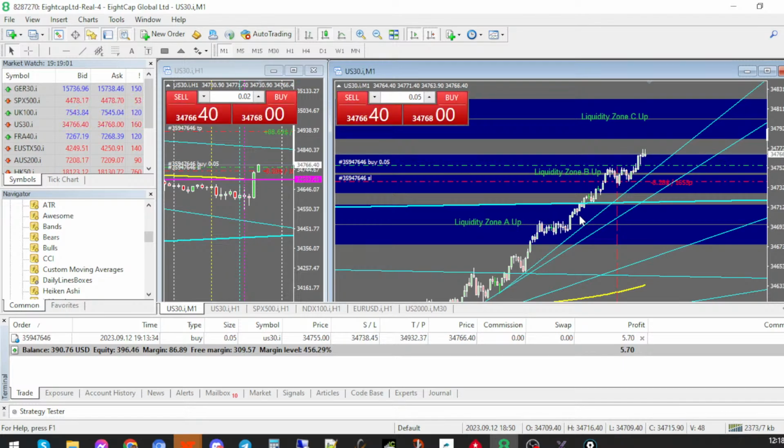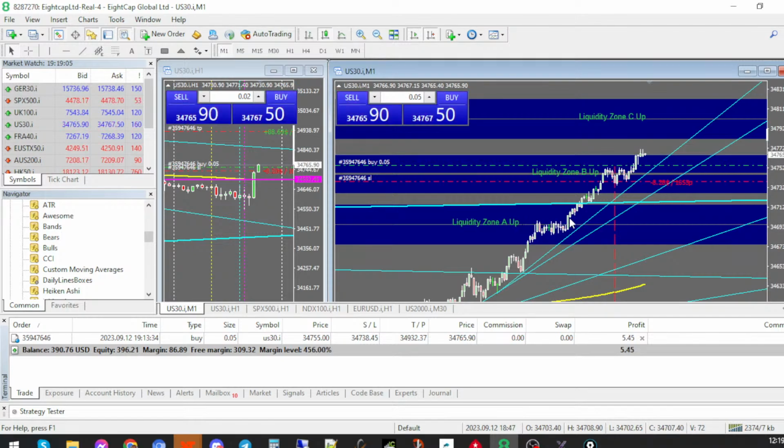I should have entered this one long since around this level, but I think the reason why I didn't get this long entry was because we got the first break. Where was the first break? Let me see. Why didn't I enter this one? Oh, I think this was the first break, and then this was the second.